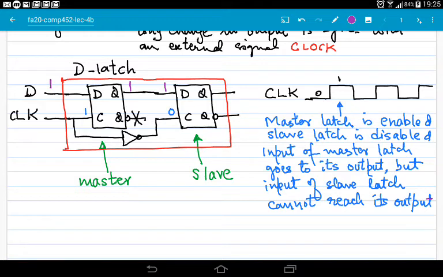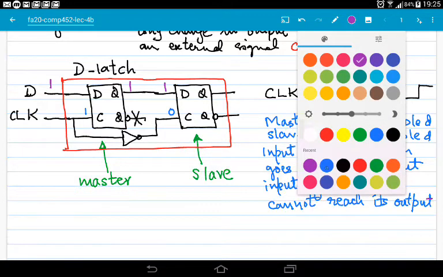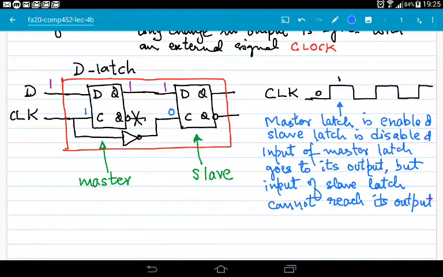Now let's consider what happens when CLK goes from 1 to 0. The control input of master latch becomes 0, which means that master latch is now disabled.